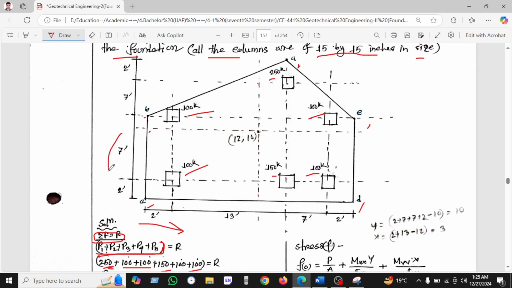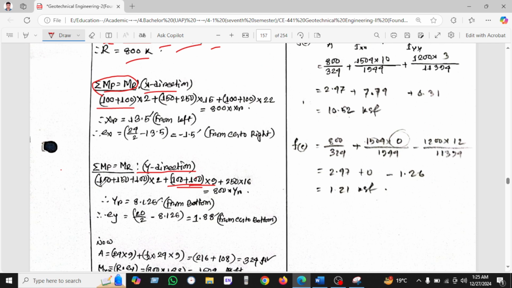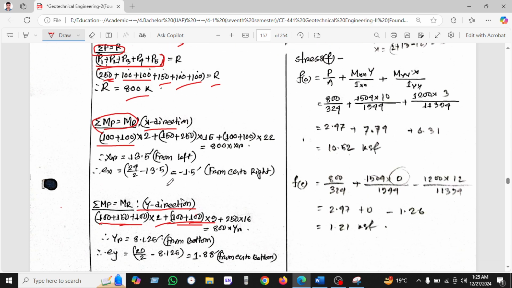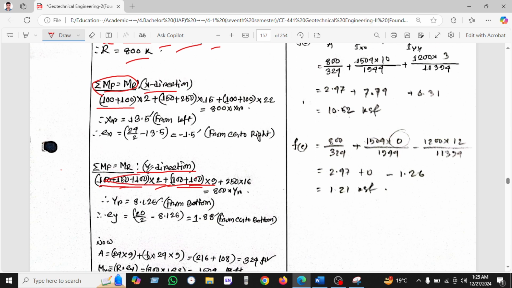So 7 into 9. So this is the y direction, and the first case was 1 plus 100 plus 15 plus 100 into 2. This is the first load and direction. Oh, sorry, I was skipping x.